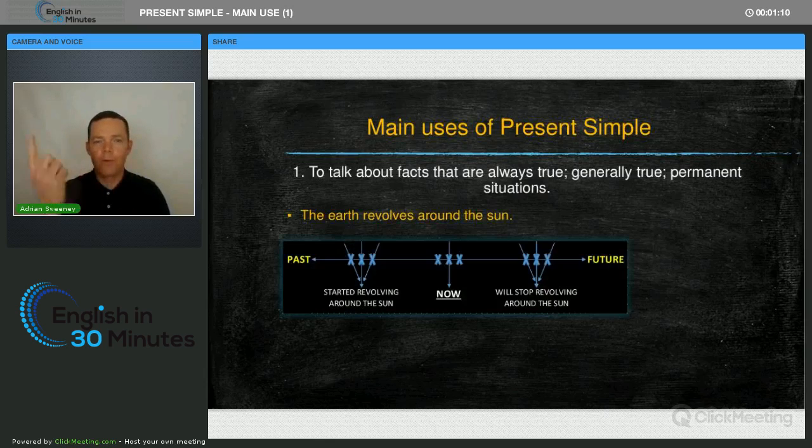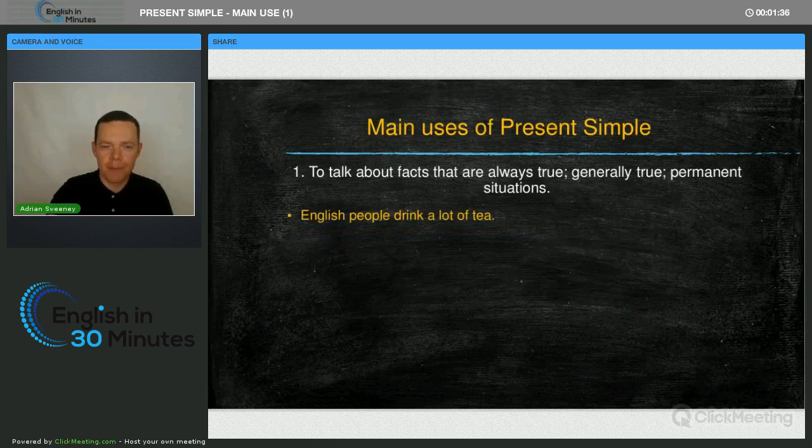It's a fact that is always true. You can see from the timeline that a very, very long time ago, the Earth started revolving around the sun, and it will stop revolving around the sun, I hope, a very long time into the future.